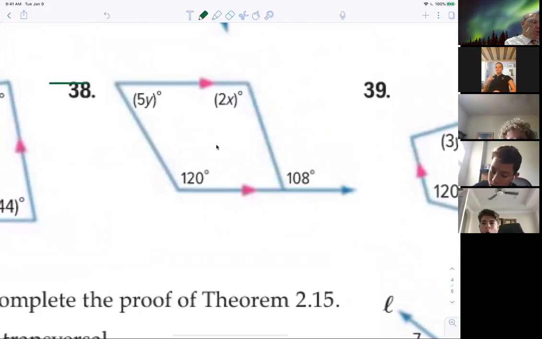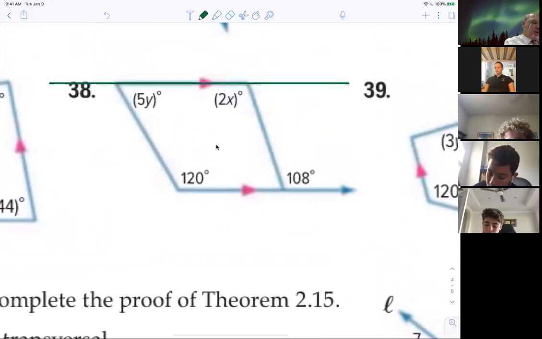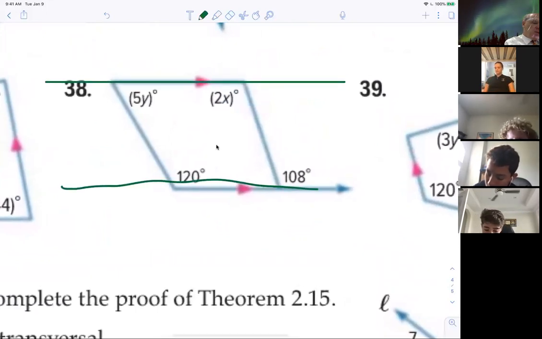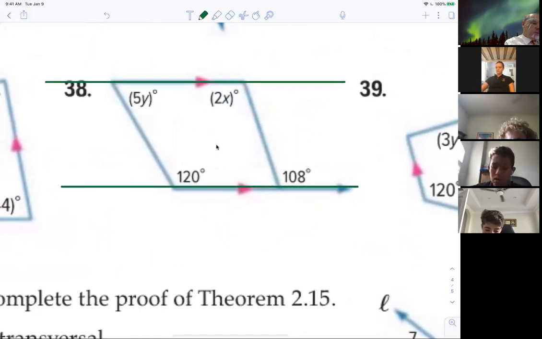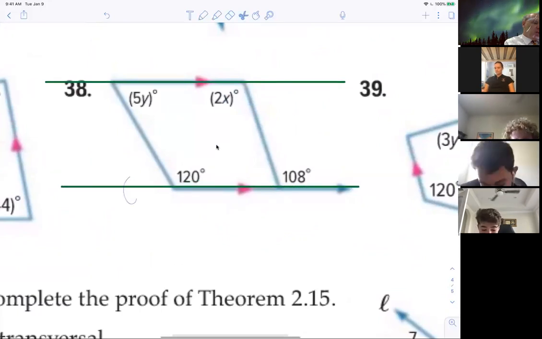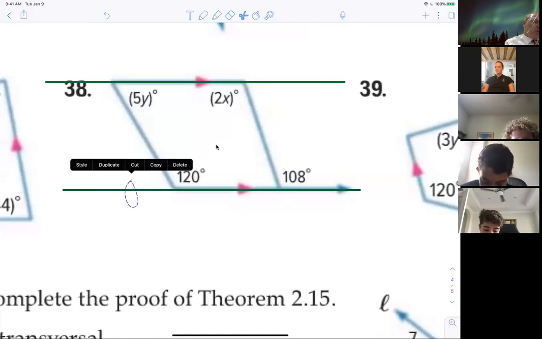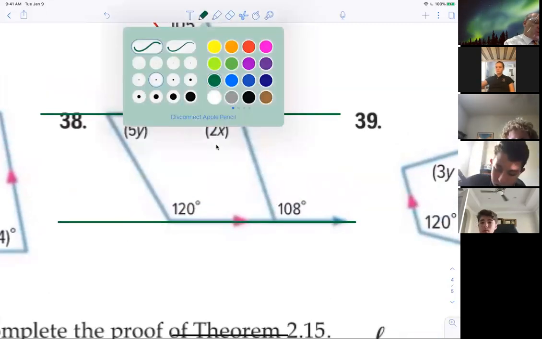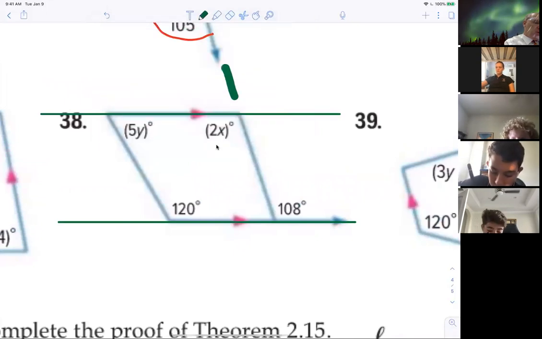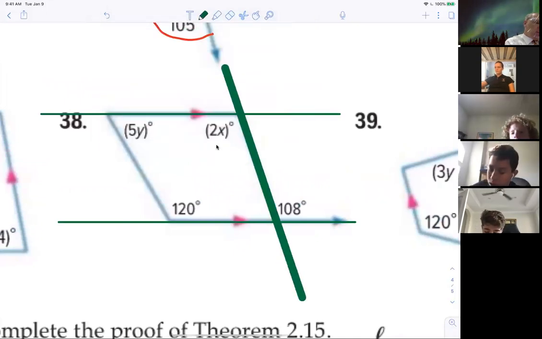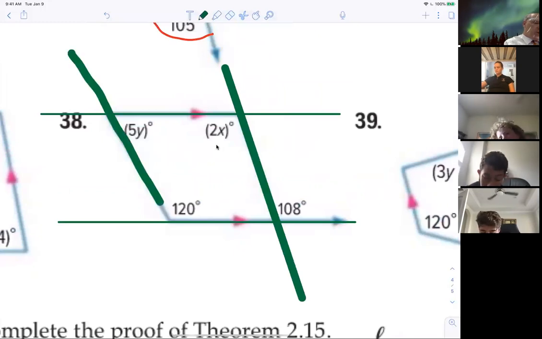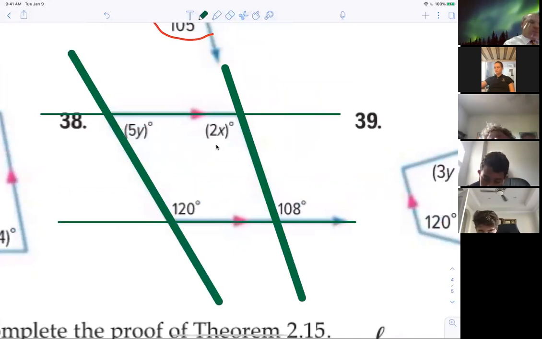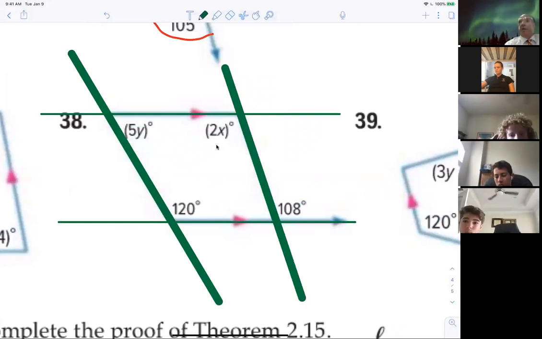What you want to do, if you ever get stuck, is just extend the lines. Right? You want to extend the lines. And the reason why you want to extend the lines is because that is helpful in seeing the alternate interior. Right? Does everybody see how much easier it is to see now?